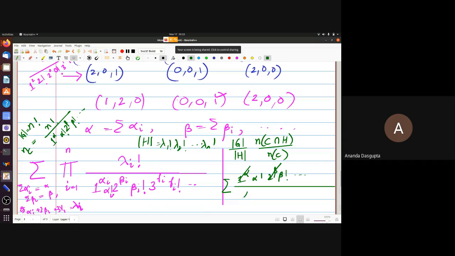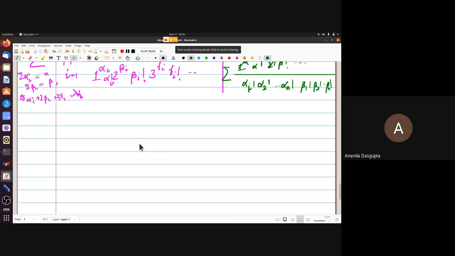You will be left with alpha 1 factorial, alpha 2 factorial, alpha n factorial, beta 1 factorial.